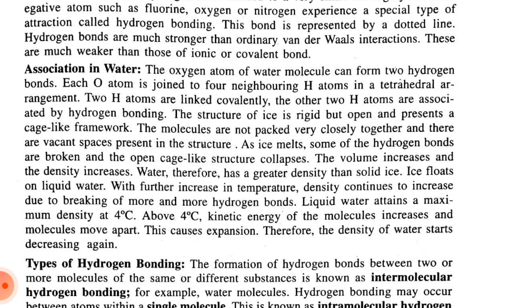With further increasing temperature, density continues to increase due to breaking of more and more hydrogen bonds. Liquid water attains a maximum density at 4 degrees Celsius. Above 4 degrees Celsius, kinetic energy of the molecules increases and molecules move apart. This causes expansion. Therefore, the density of water starts decreasing again.